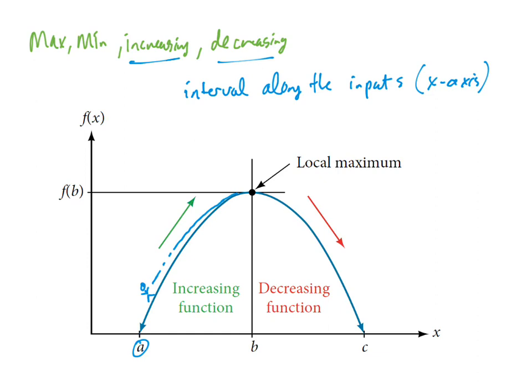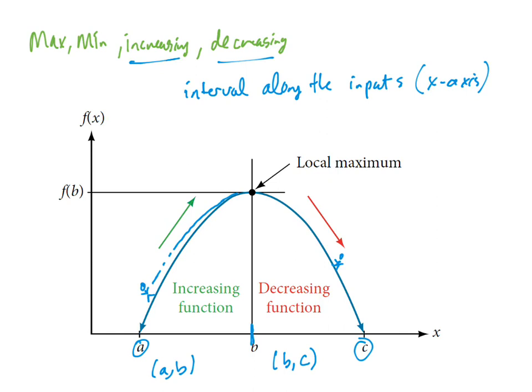So I'm increasing until I get to this point, and then I'm decreasing down to point C. We would say we're increasing between A and B, and decreasing between B and C. That would be the interval.